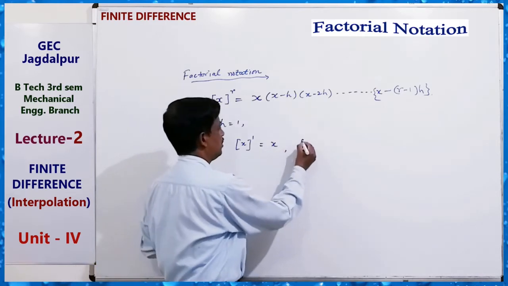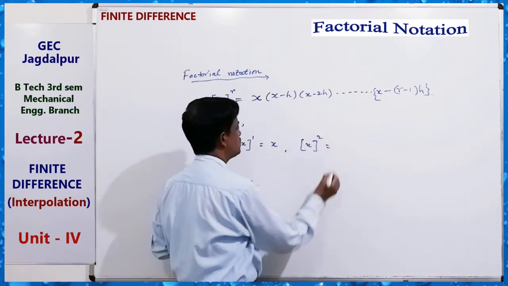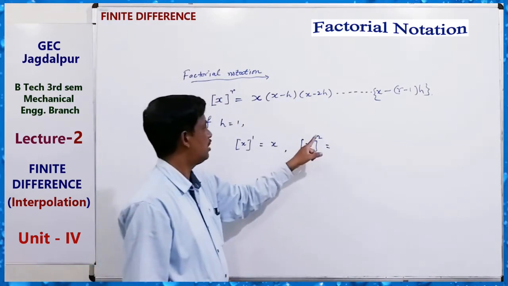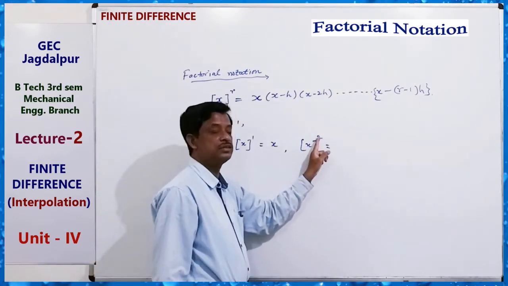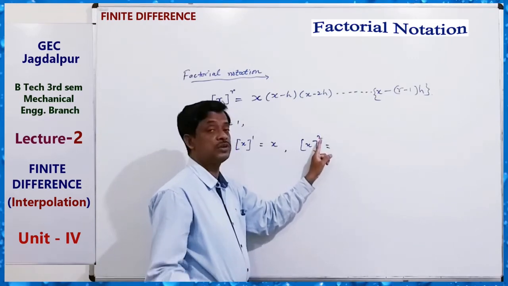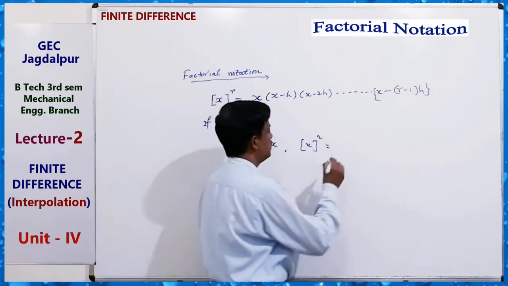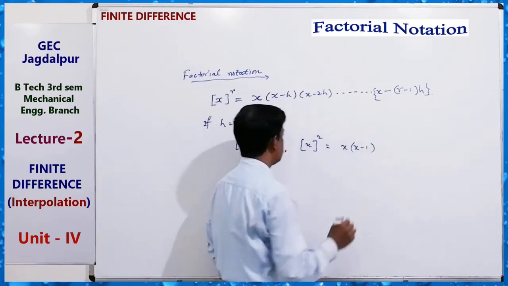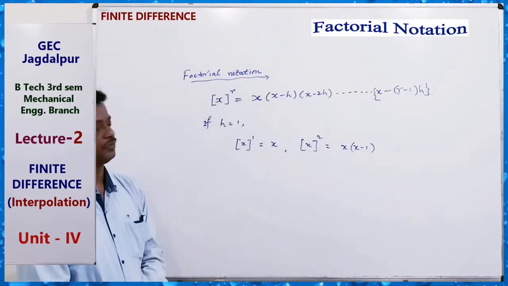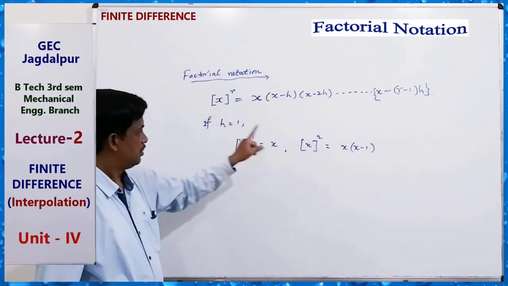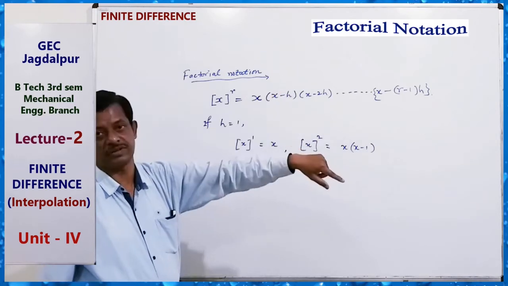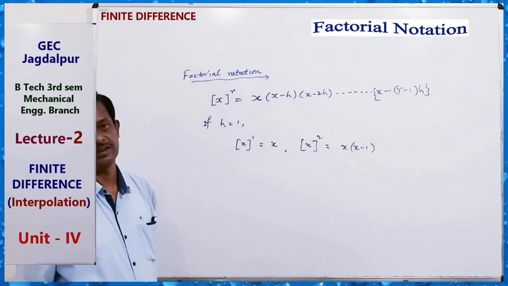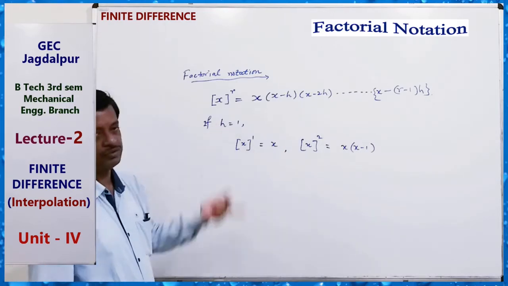And x^(2): 2 minus 1 equals 1 time subtracted, so it is x times x minus 1h, but h equals 1, so x times x minus 1.